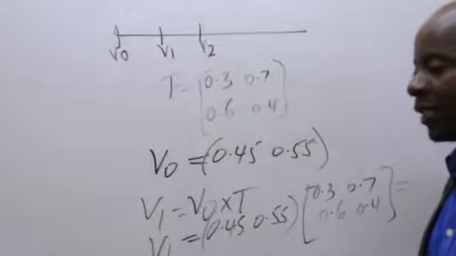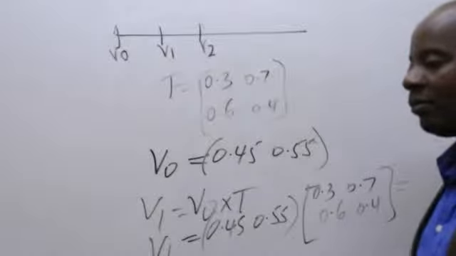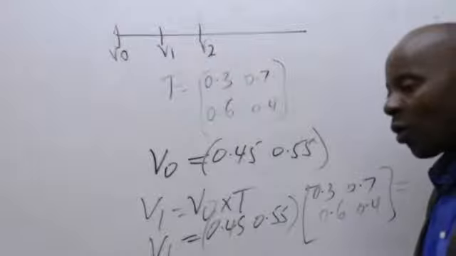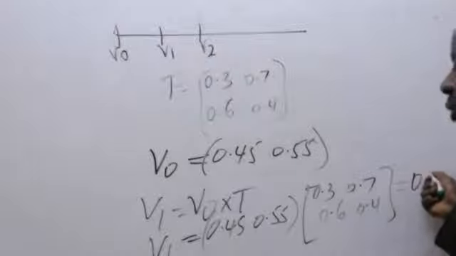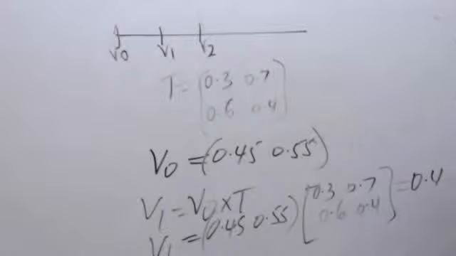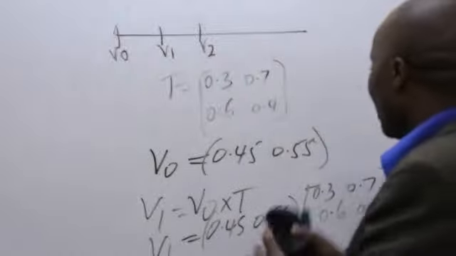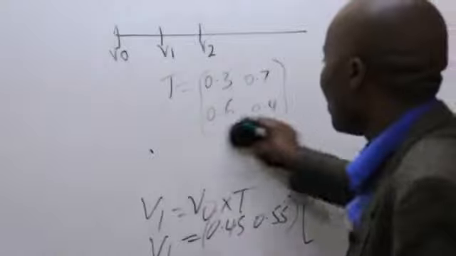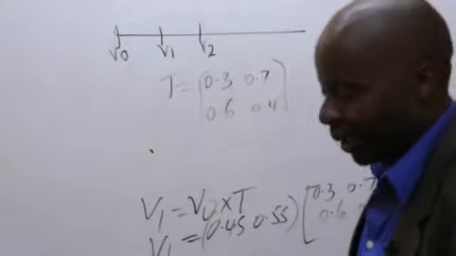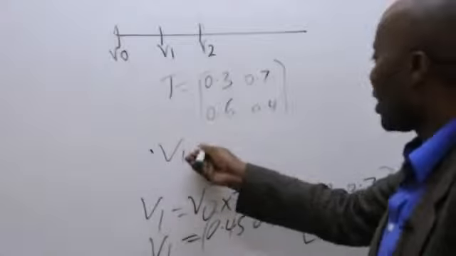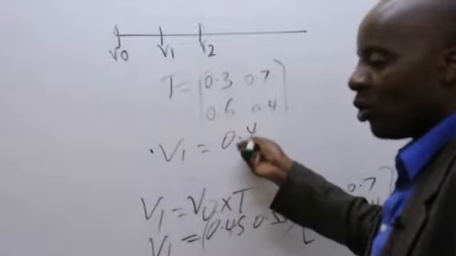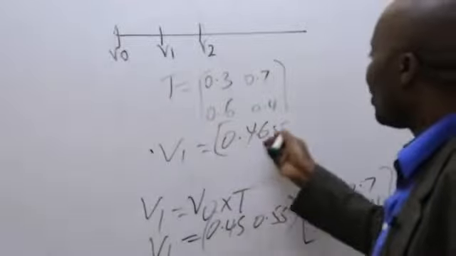What do we have? Somebody there. So we have 0.465, according to Dahir. The first component of vector 1 is supposed to be 0.465. How about the second component?